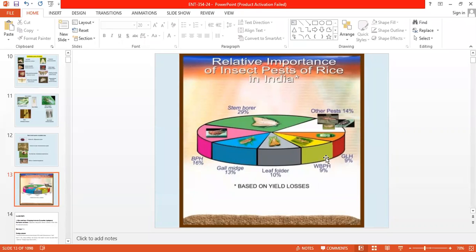These are the major economic losses due to stem borer, foliage feeders or defoliators, and sucking pests.